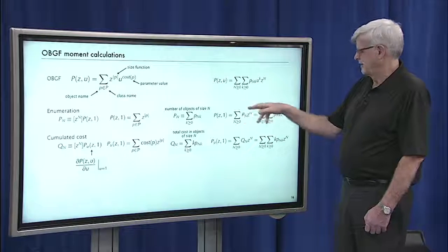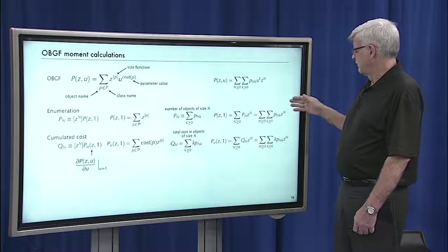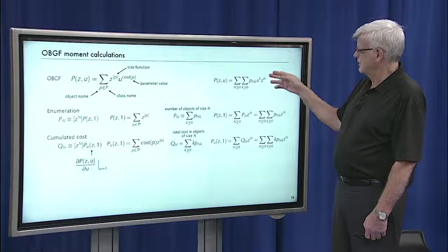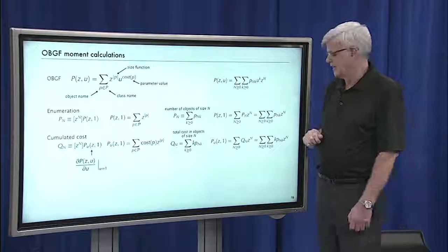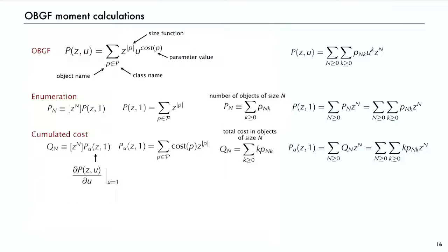Or you can look at this representation on the right of the generating function, this one at the top. If you differentiate with respect to u, it brings down a k, so that you get k p n k. And that's the familiar way to think of the total cost. But in terms of the bivariate generating function, it's a simple partial derivative and then evaluate at 1.